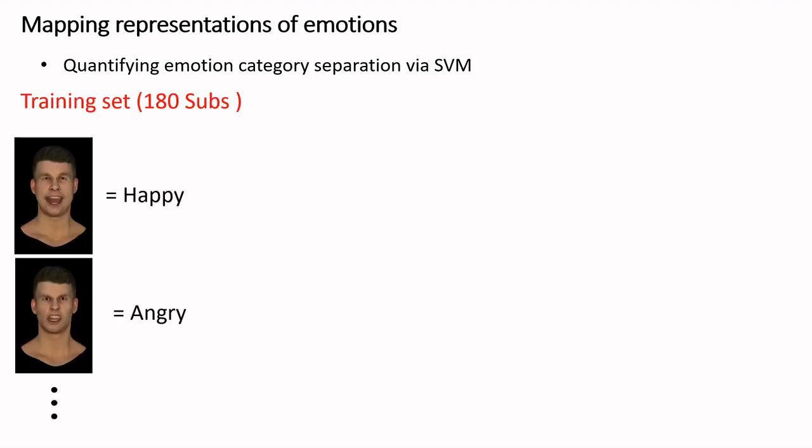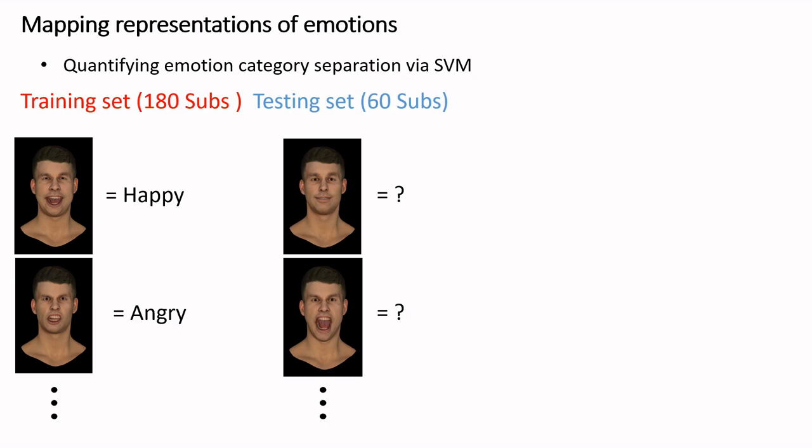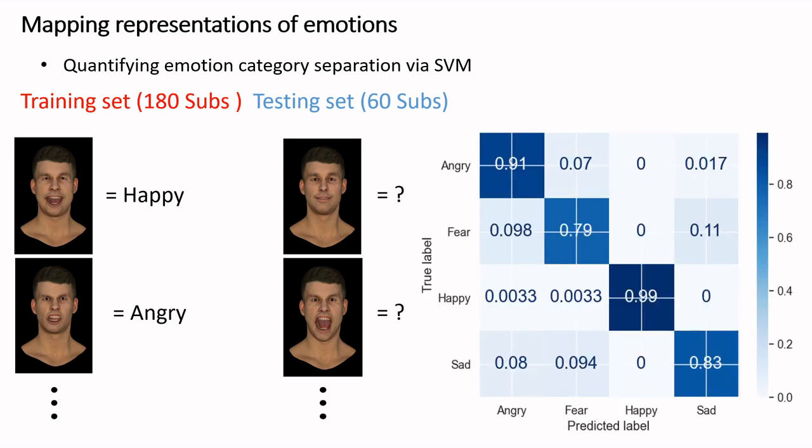We trained a support vector machine classifier at discriminating emotion category based on blend shapes of expressions belonging to a subset of participants. We then tested the classifier's ability of identifying the categories of previously unseen examples of these expressions belonging to a separate subset of participants. Based on classification performance, we can see, for example, that happy is the most highly discriminable category, whereas there is more overlap between negative emotions, angry, fear, and sad, and particularly between fear and sad.